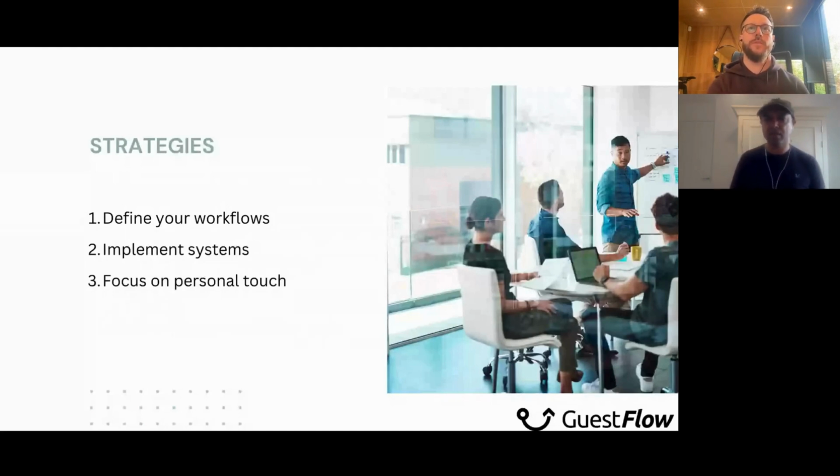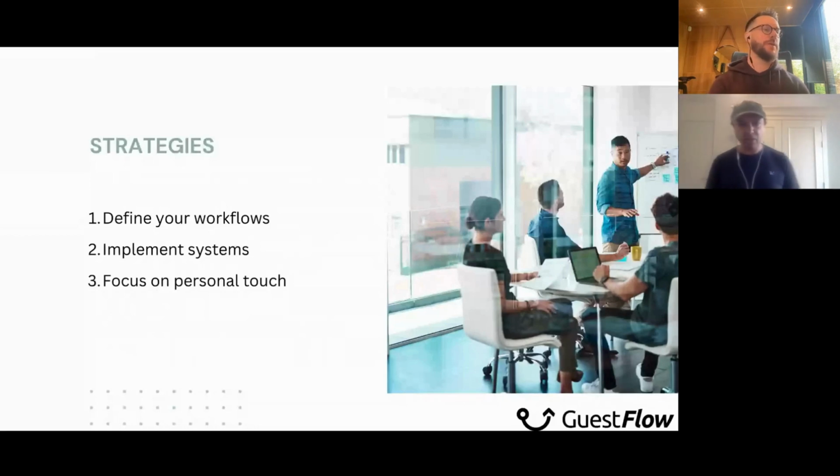Yeah, absolutely. And then, of course, if these things are too complicated, then that inhibits your growth as well. So it's got to be simple. It's got to be simple to use. It's got to be simple to train the team on. It's got to be intuitive, right? You don't want to necessarily have to keep referring to SOPs and instruction manuals and asking for how to do something.